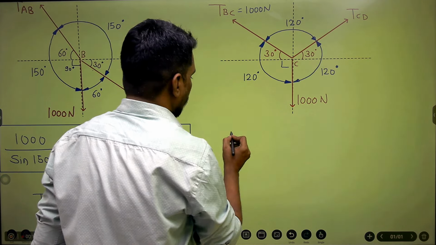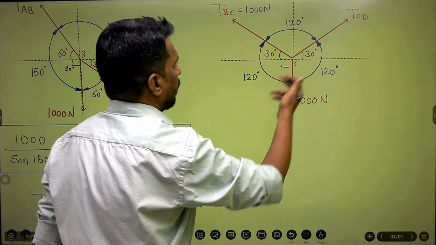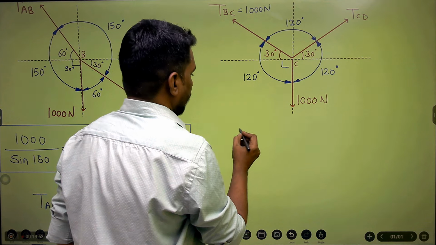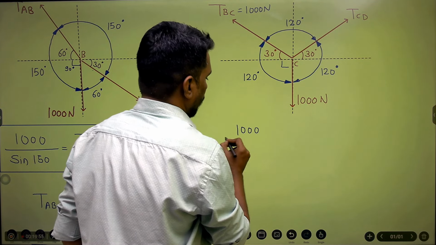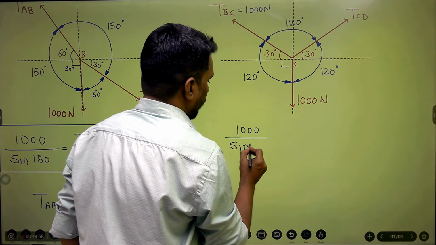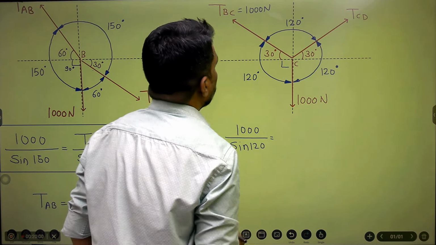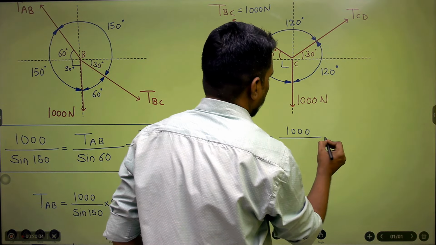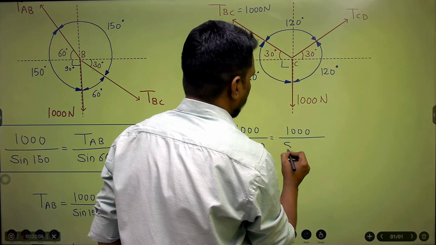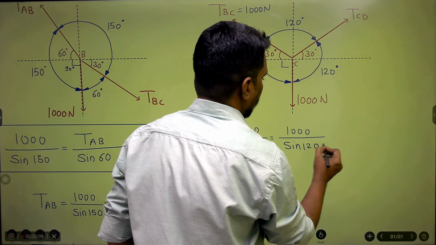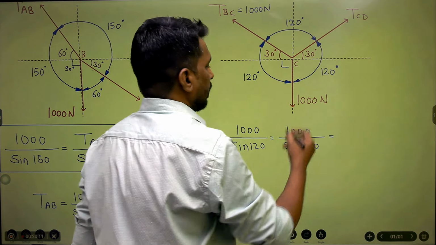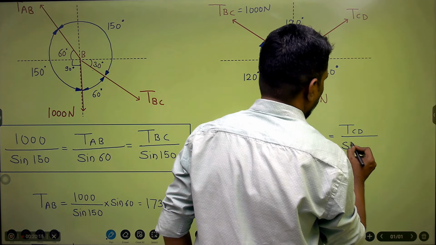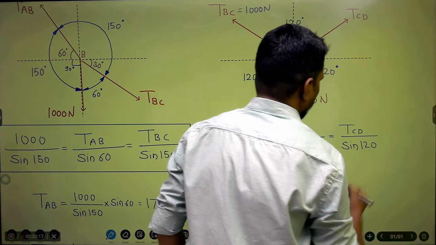So 1000, and you can see here all the angles are 120. So 1000 upon sine 120 is equal to, again, TBC, that is 1000 upon the sine of the angle between the other two forces, that is again sine 120, which is equal to TCD upon the sine of the angle between the other two forces, that is sine 120.